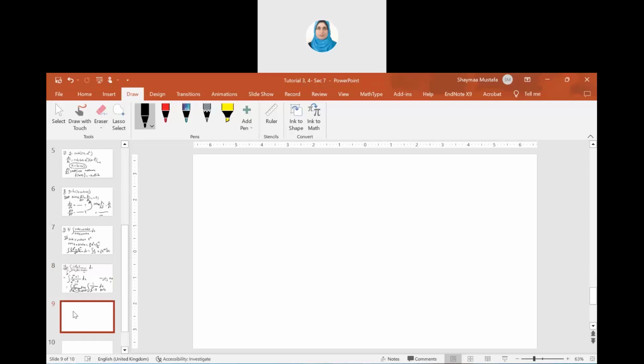15j. 15j simply, no need to use definition. It is 1 over cos square x times 1 plus tan x dx, right?